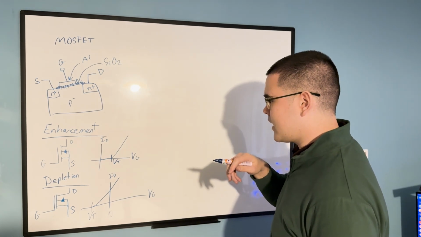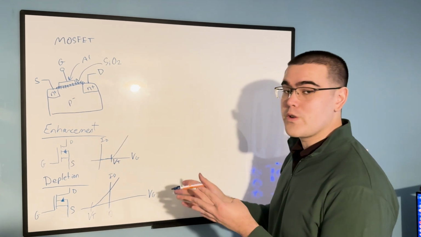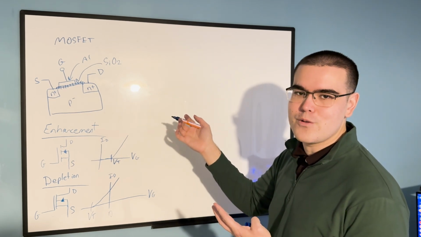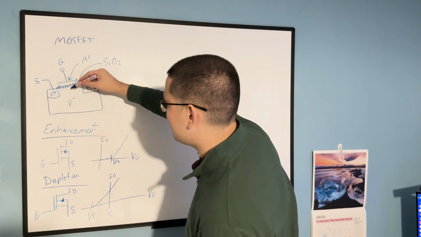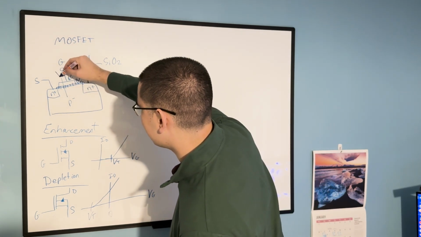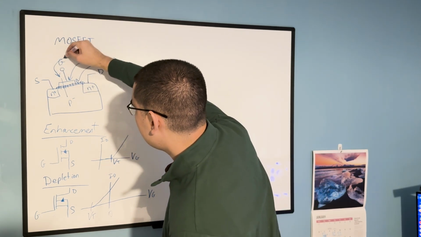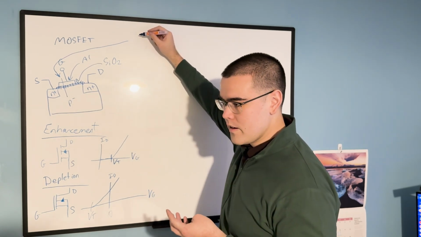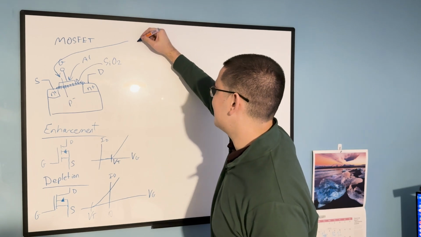So now that I've covered that, let's look at the surface conditions. What happens when we apply a gate voltage to the gate terminal? So we'll take a lateral cut here, and I'll draw this here. And let's start with accumulation. I think that's a good place to start.